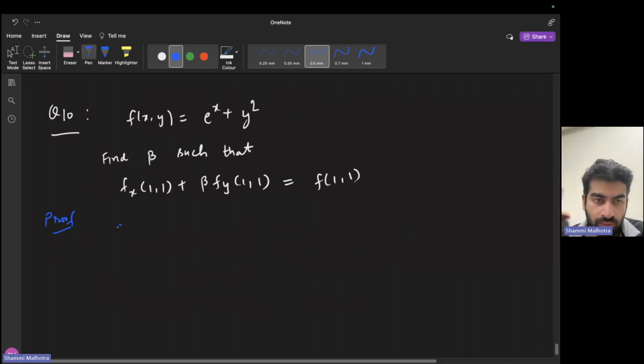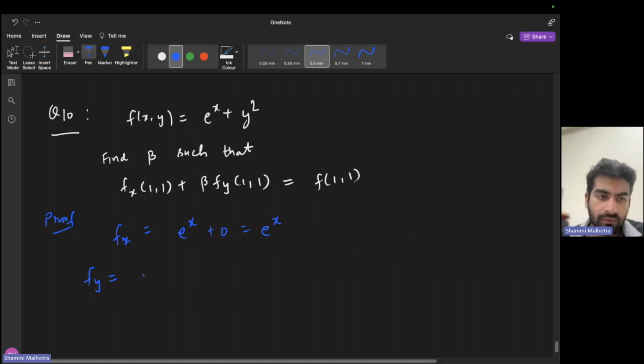So let us compute the partial derivatives. The partial derivative with respect to x of e to the x is e to the x only, and y squared gives 0. So this will be e raised to the power of x. For the partial derivative with respect to y, since e to the x contains no terms of y, it is treated as a constant, so this is 0 plus 2y.